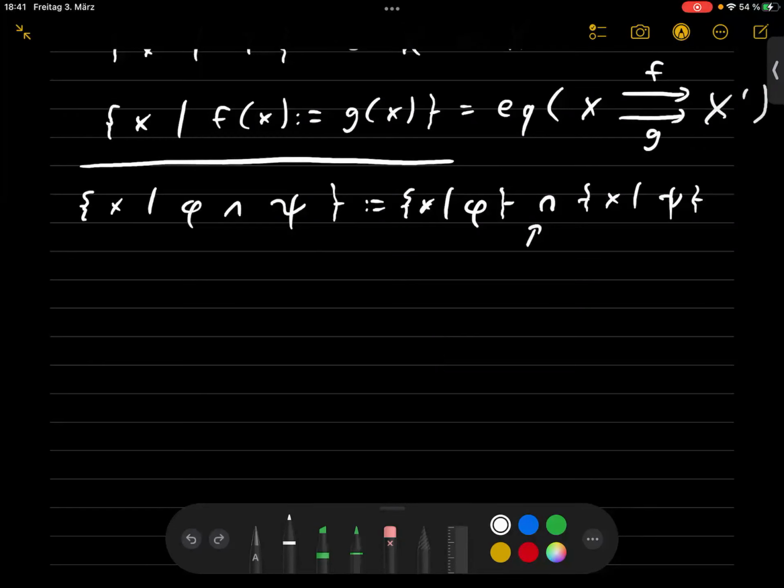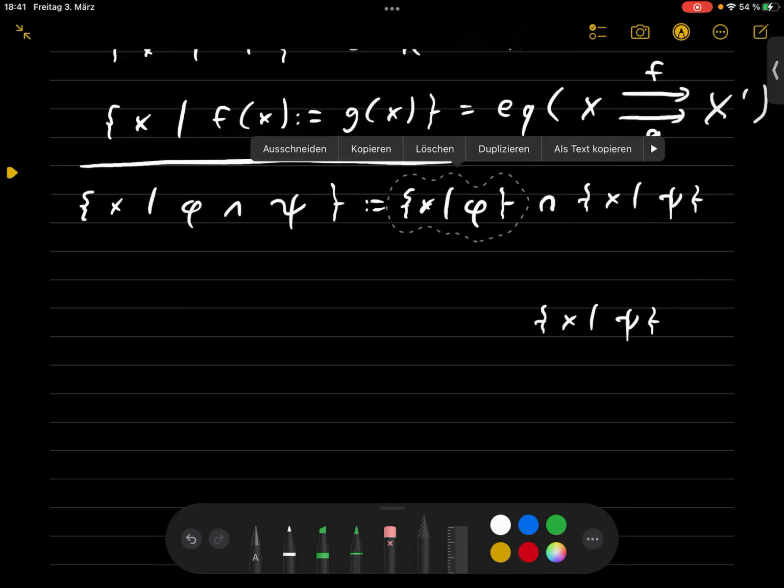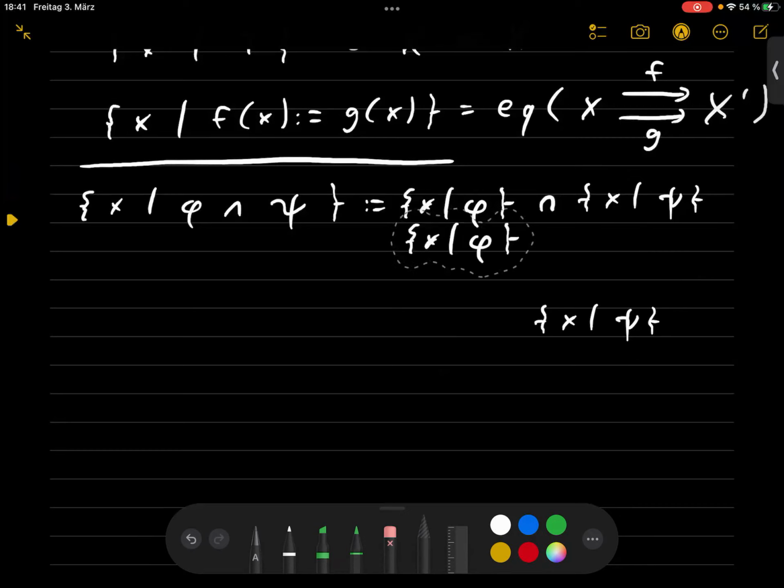Maybe I just write this in a slightly different way. Copy this to here. Copy this to here.